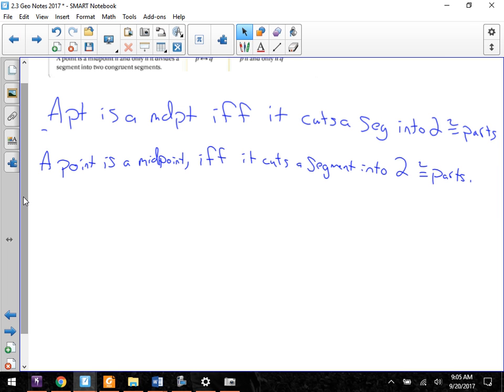A lot of times you'll see that I try to use abbreviations, because we know midpoint is MD. It's just cleaner, I think, sometimes to read it.